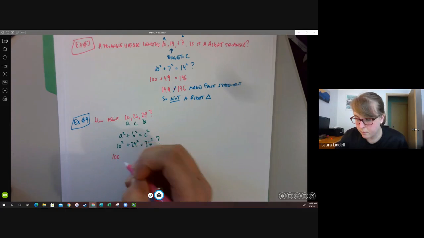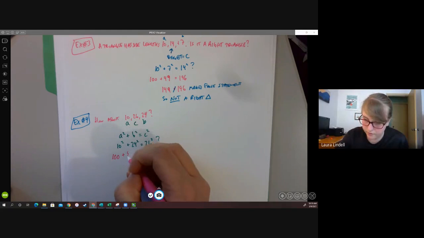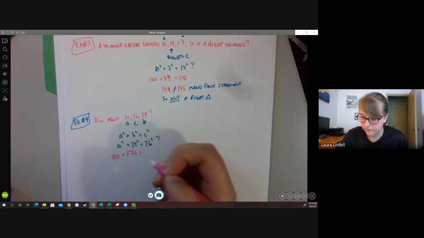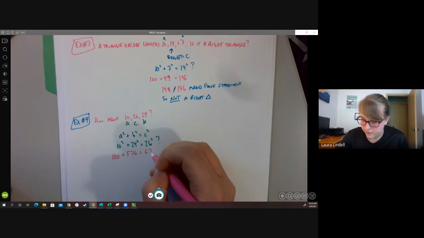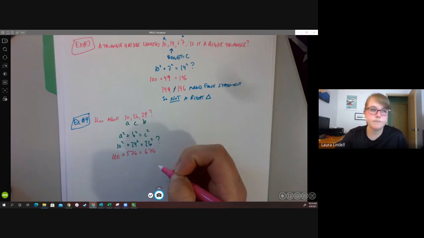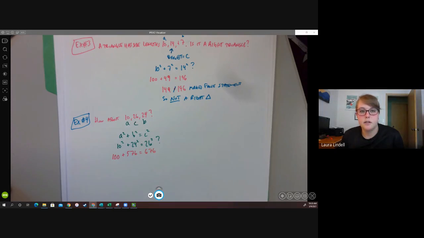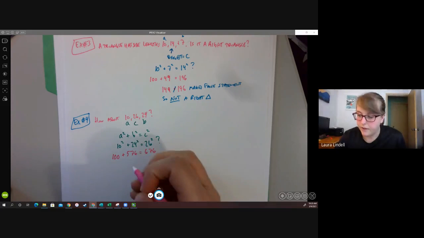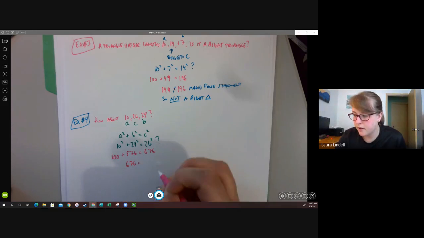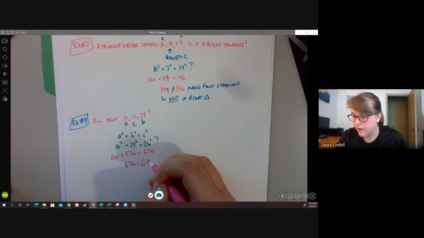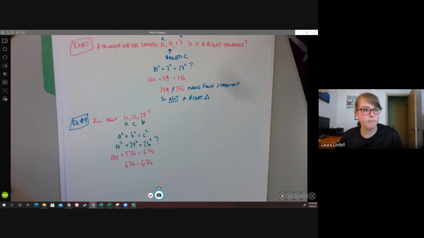So 100 plus 24 squared is 576. And then 26 squared is 676. So then we add these together. 100 plus 576 is 676 is equal to 676. So this makes a true statement.